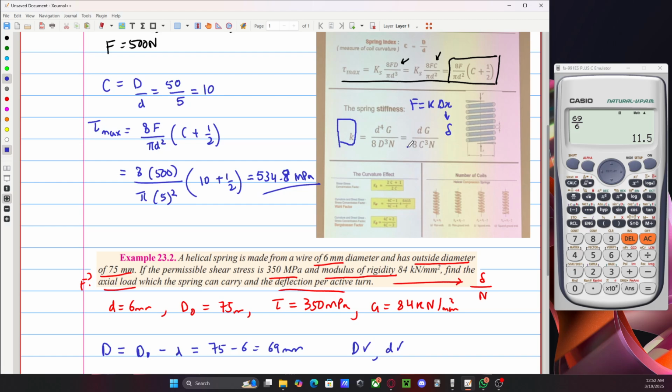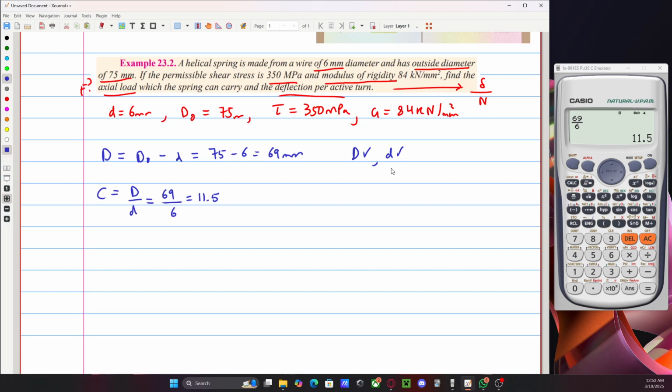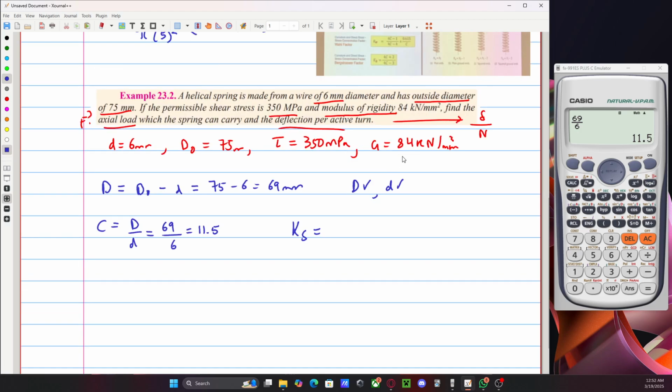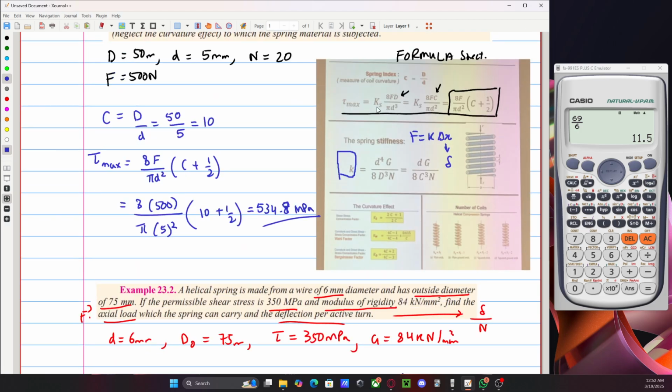Before we do anything, we have to work out Ks because we will need it in all of our calculations. Because we're given tau max, we can use this to find the force: tau max is our 350 megapascals, we have capital D, we have small d, and we also know C. So we can find our Ks, and then we can find our F from here.